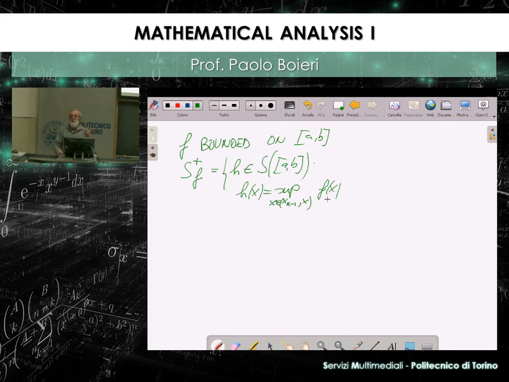Then in each subinterval, I take exactly the sup. Okay? And in the other points, x1, x2, x3, I can choose as I want. h of x_k should be bigger or equal to f of x at these points.